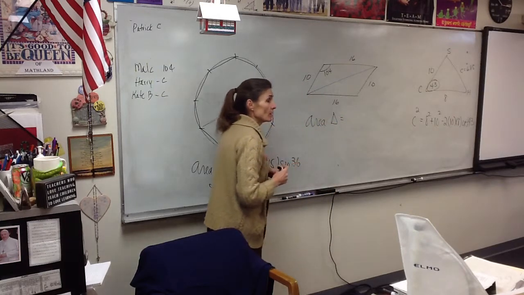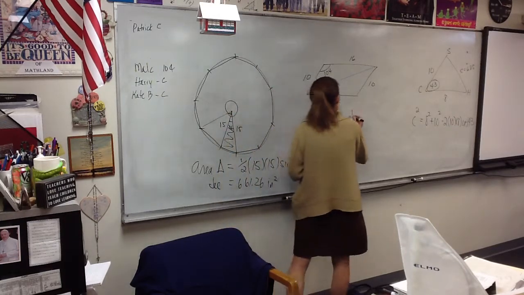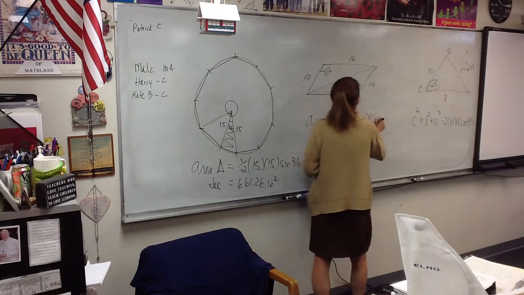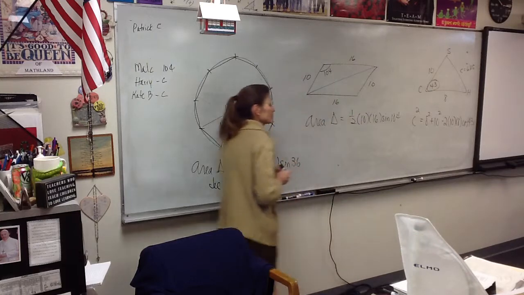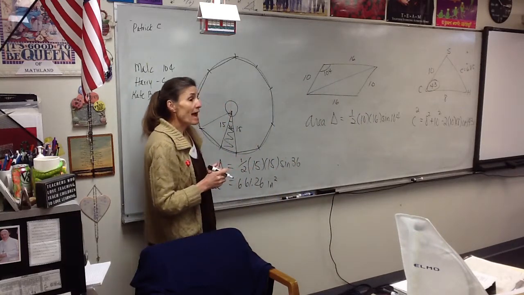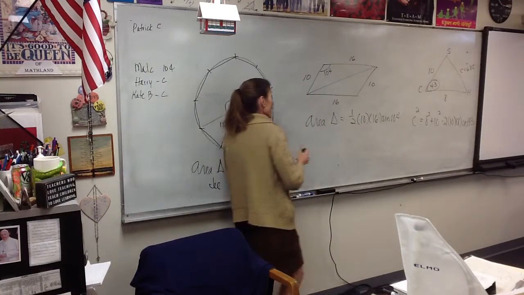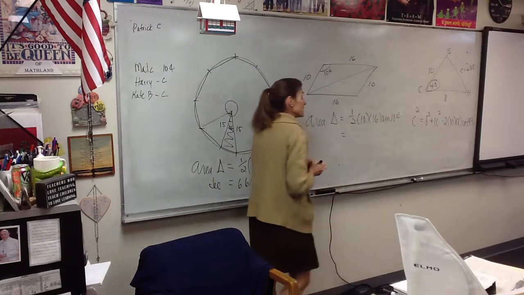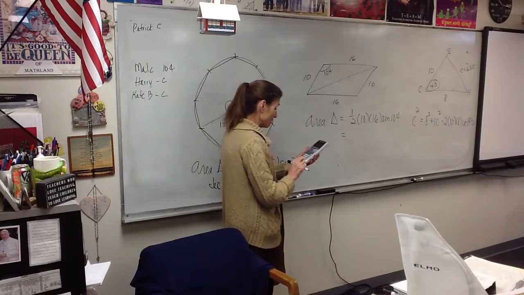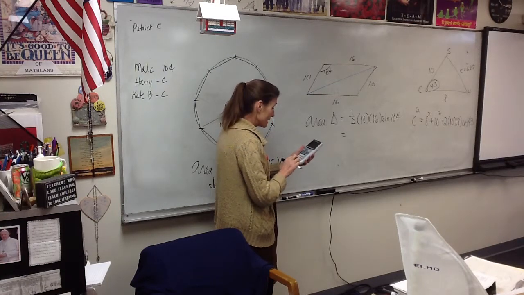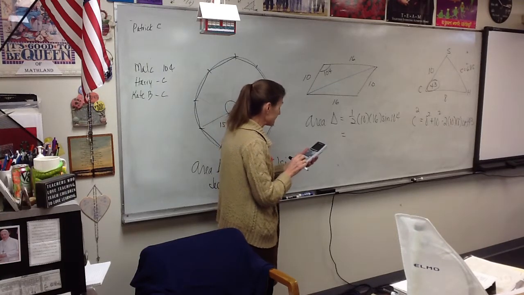Yes, ma'am. What would that look like? 1/2 times 10 times 15 sine 104. Exactly. 16, my bad. That's the area of the triangle. So I can type that in on my calculator and get my area. 1/2 times 10 times 16 times sine 104.